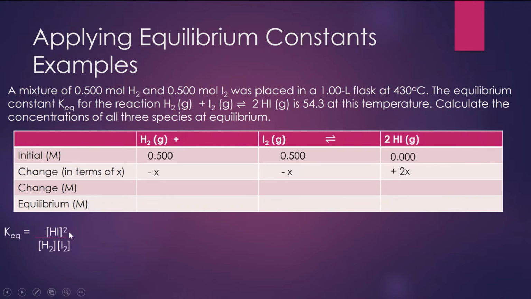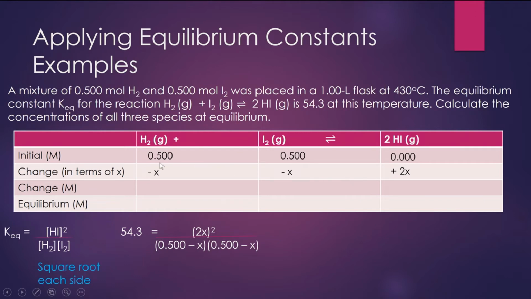So again, setting up our K equilibrium, our concentration of HI at equilibrium will be HI concentration squared, divided by the hydrogen concentration and the iodine concentration. We can plug in the variables that we have.